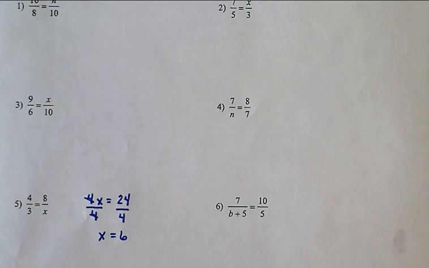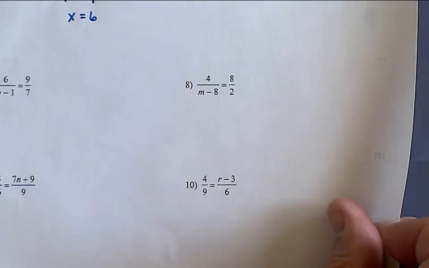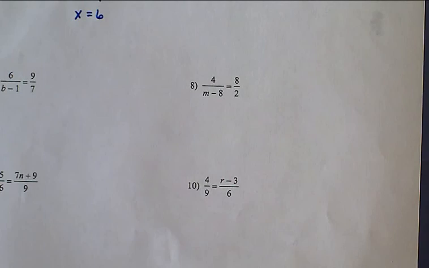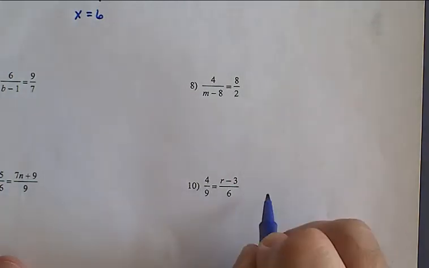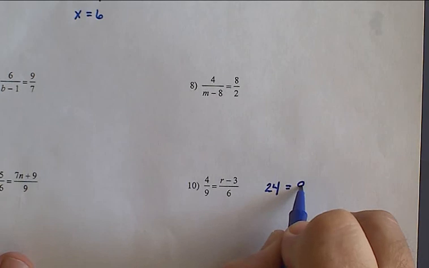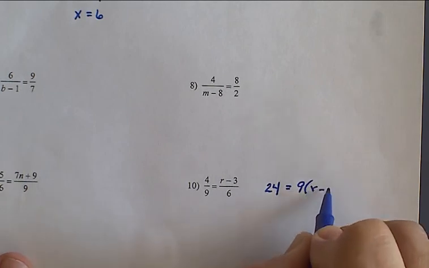Okay, let's go down to the bottom of the page, number 10. Now you see that one of the expressions now has a binomial. So when I multiply here, 4 times 6 is 24. And then 9 times r minus 3 is my other cross product.